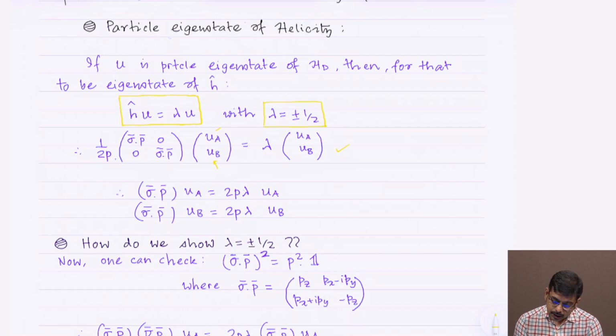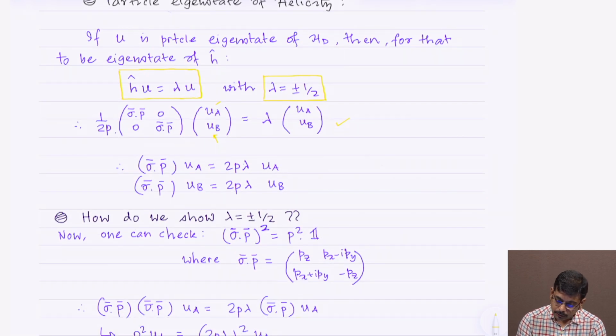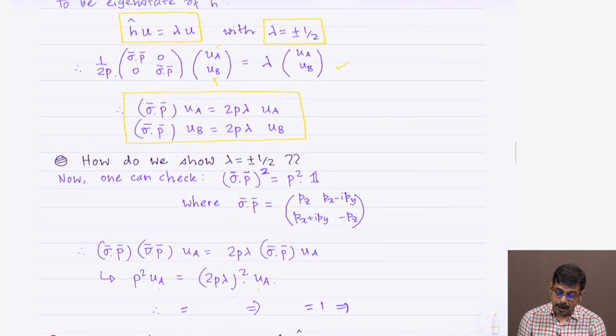On the other side I have lambda times UA and UB. If I do the matrix multiplication, I have two simple equations: sigma dot p acting on UA giving you 2 mod p lambda UA, and sigma dot p acting on UB giving 2 mod p lambda UB.